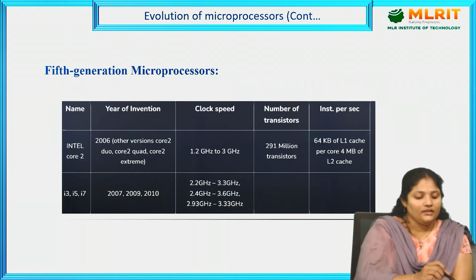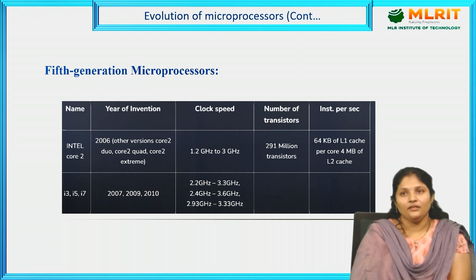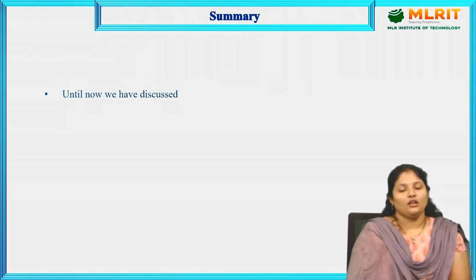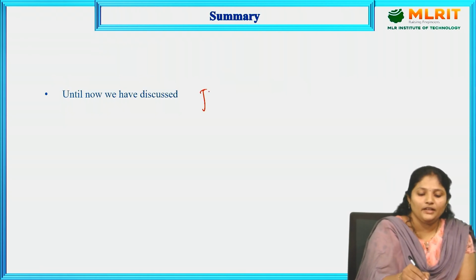The i3, i5 and i7 processors were introduced in the years 2007, 2009, and 2010 respectively.